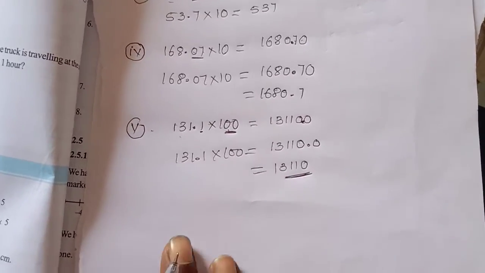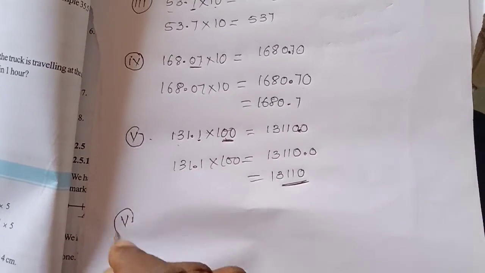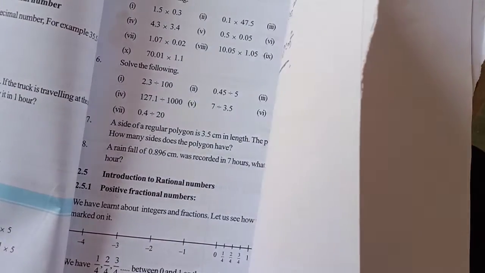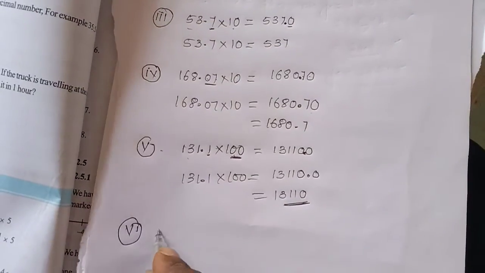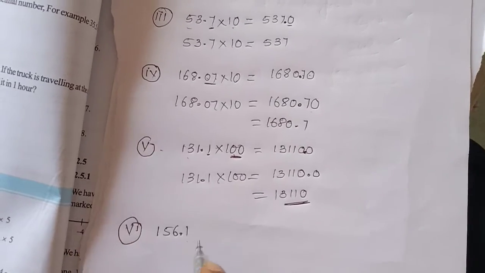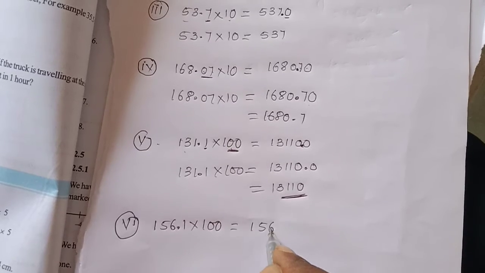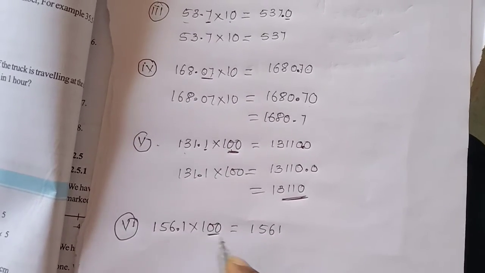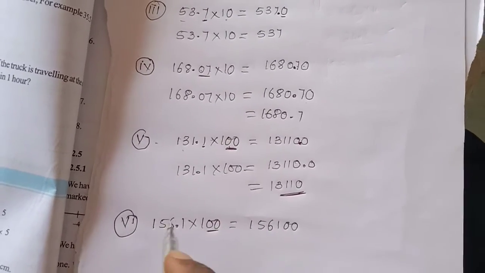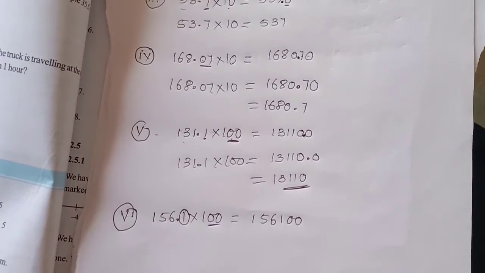The sixth question is 156.1 into 100. Same, 1561, 2 zeros you take from here. Now count the digits in the decimal part. How many digits? Only one digit is there.